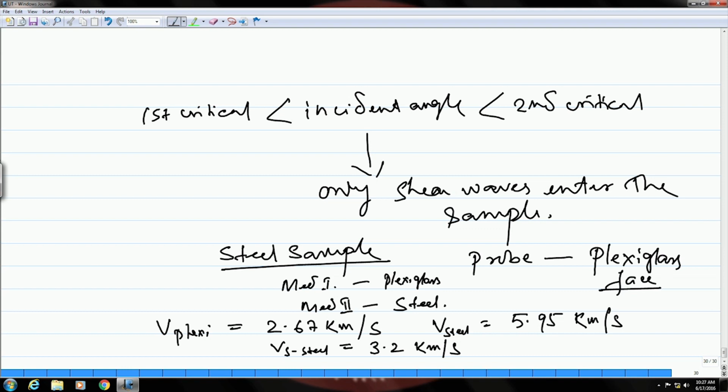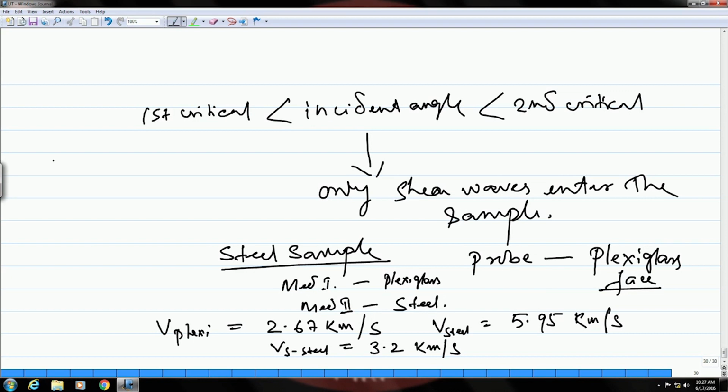So, let us calculate the first critical angle and the second critical angle for a steel sample where the face of the probe is made of plexiglass. Okay. So, the first critical is sin inverse VL1 by VL2.